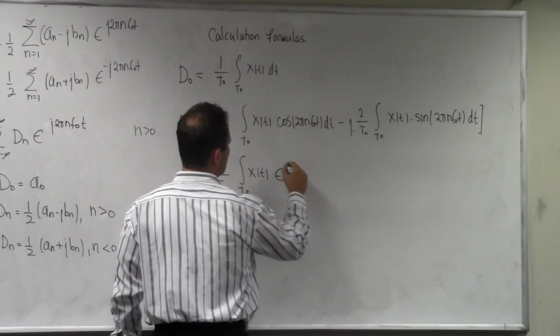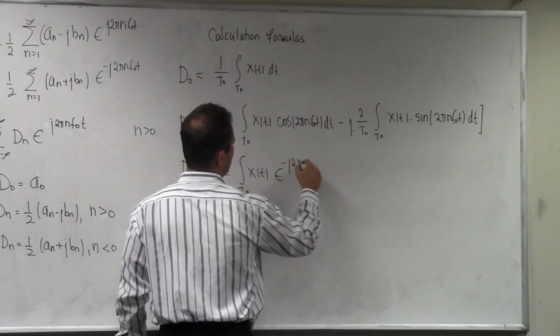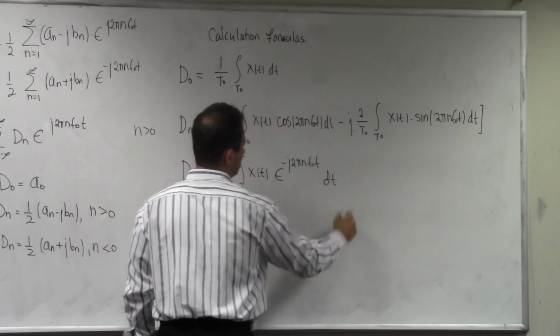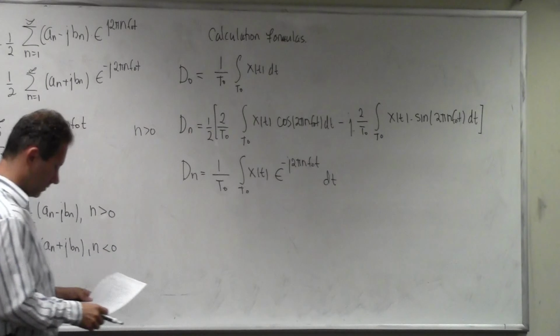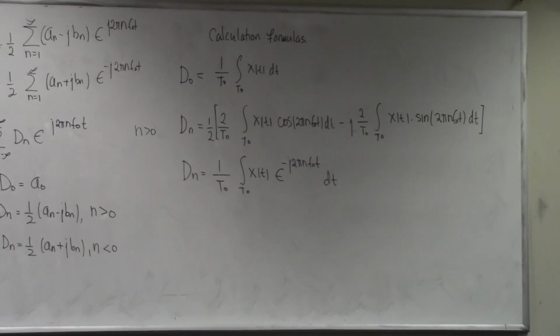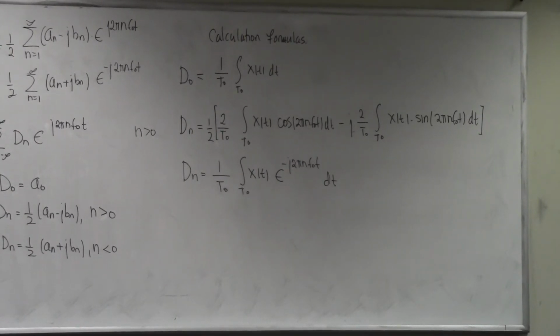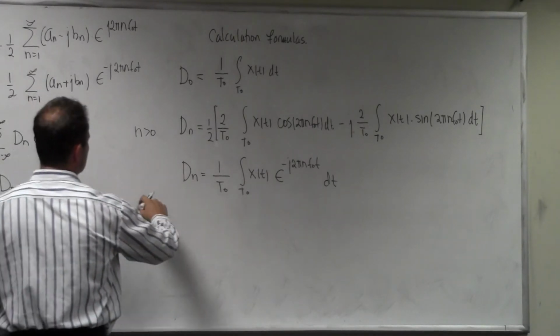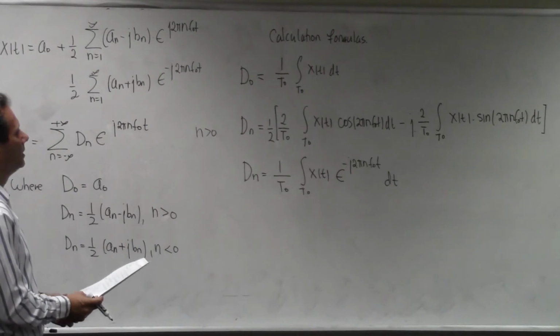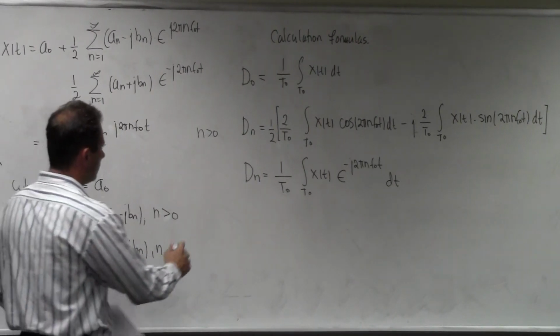So it's e to the minus j 2 pi n f0 t. So that's the calculation formula for n greater than 0, and then we can substitute n smaller than 0 and get essentially the same formula. Let's see what happens here.